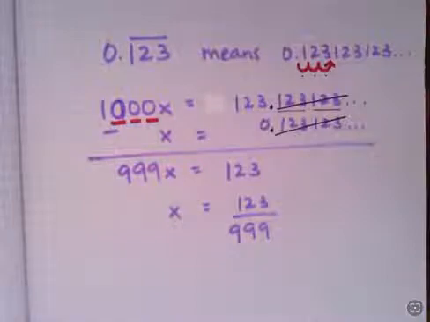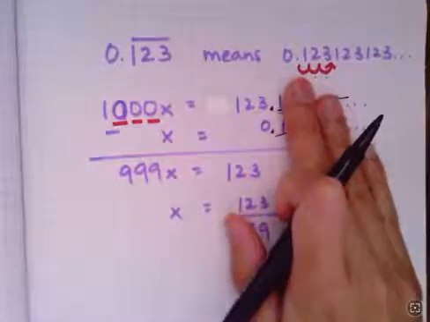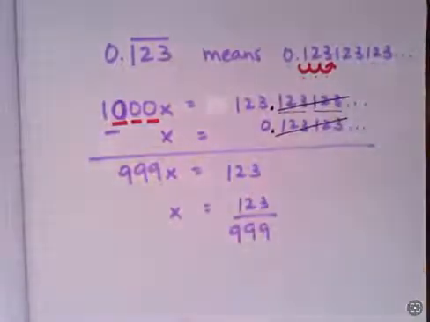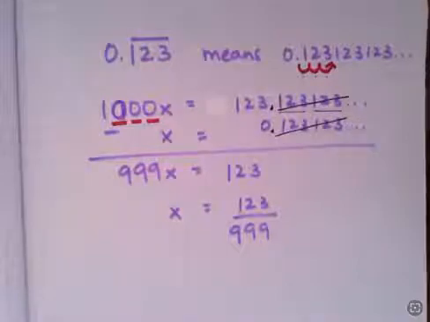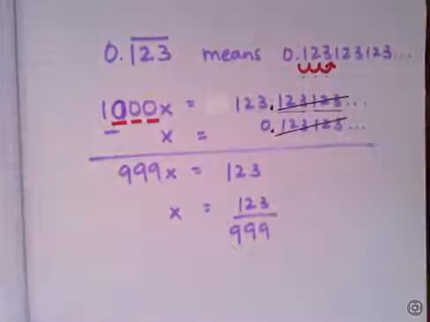So they cancel out when you subtract them. That's how we're trying to get rid of the repeating part. And so when we subtract it, we're just left with 123 minus 0, which is 123. So that's kind of our sneaky algebra way of getting rid of a repeating decimal. Okay? But it's very important that you have what's behind the decimal point matching so you can cancel that out.